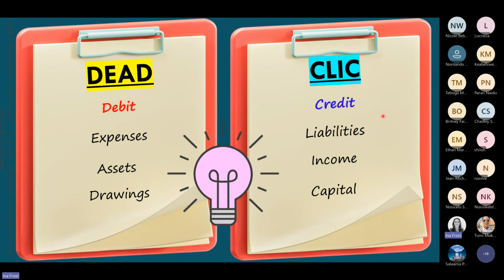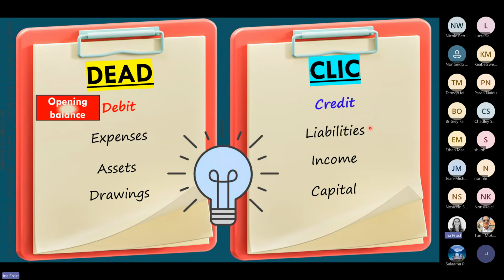But let's go a step back and talk about our DEAD CLIC rule. So what does it stand for? DEAD stands for, we're going to debit expenses, assets, and drawings. And we're going to credit liabilities, income, and capital. So that's why for our creditors control, we said we're going to use CLIC, because it's one of our liabilities.